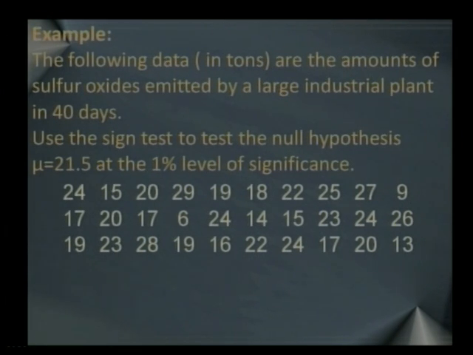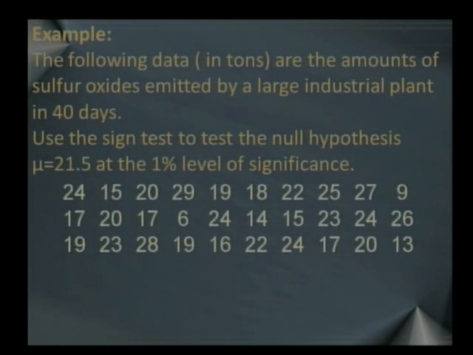The following data, in tons, is given for the amount of sulfur dioxide emitted by a large industrial plant in 40 days. Here you have to apply the sign test to test the null hypothesis mu equal to 21.5 at the 1% level of significance. The data is given to you.